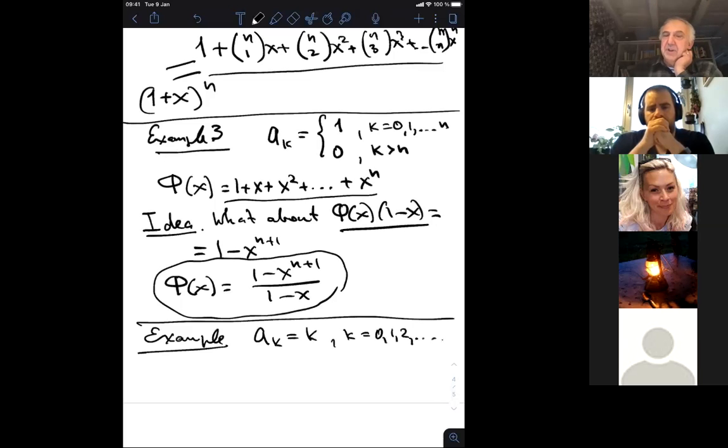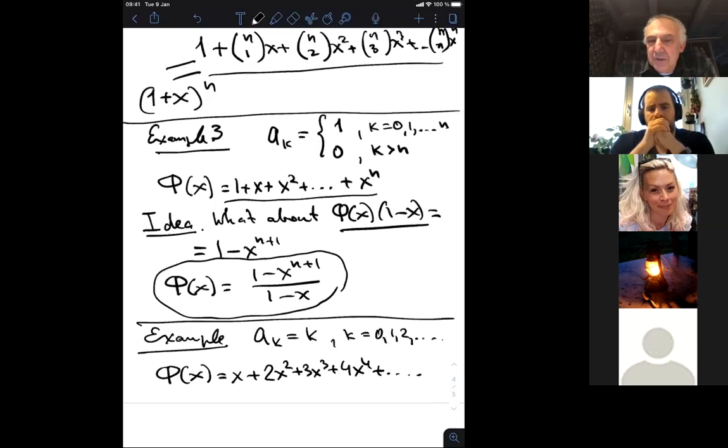What would be the generating function of positive integers? So phi of x would be, in other words, x plus 2x squared plus 3x cubed plus 4x to the 4, and so on. Can we write this in a nice way? What do you think?